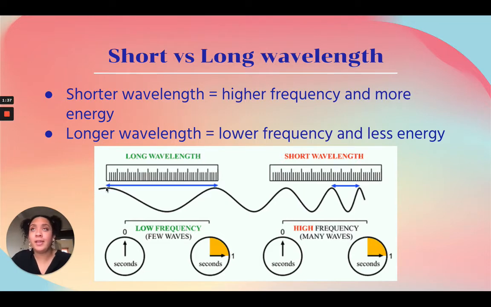With a longer wavelength, it's a longer hump to hump, so there will be fewer waves per amount of time. Again, shorter wavelength means higher frequency because there are more waves in a given amount of time, which means more energy. We talked about that last lesson. And with longer wavelengths, there's lower frequency because there are not as many waves per amount of time, so that means there's less energy as well.